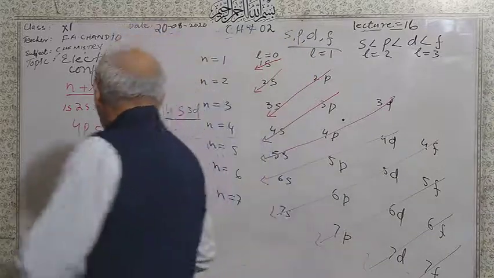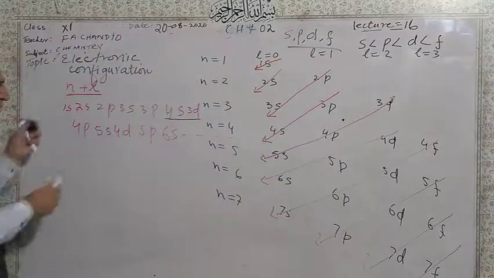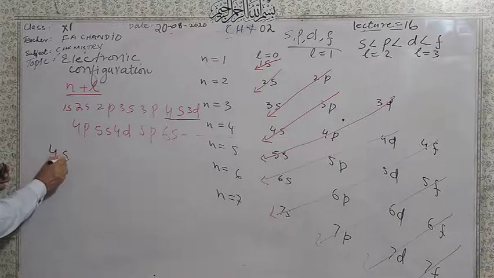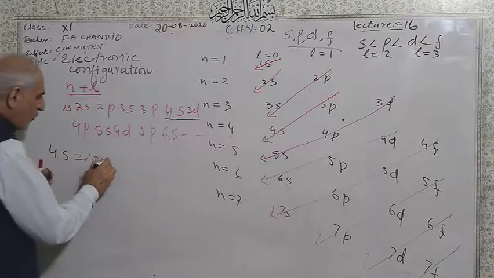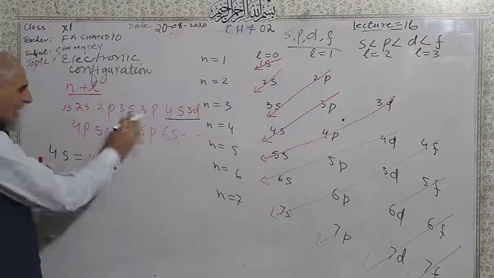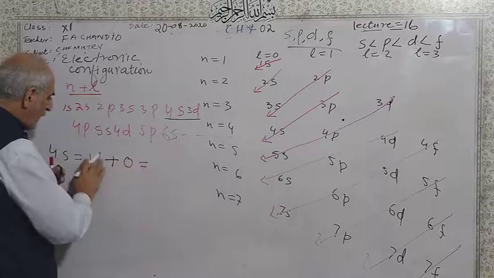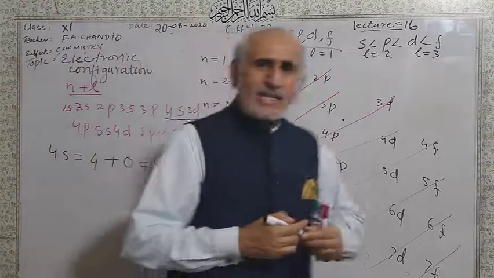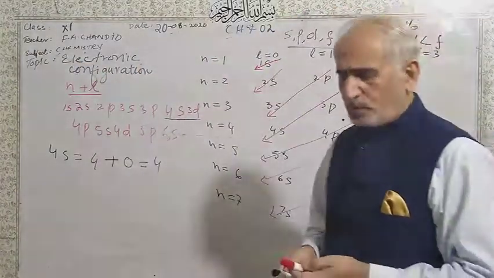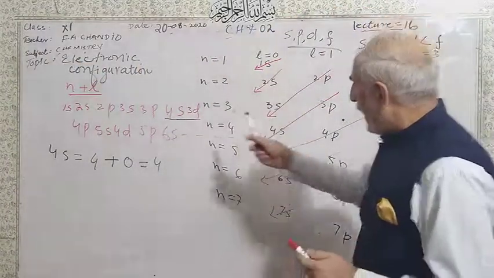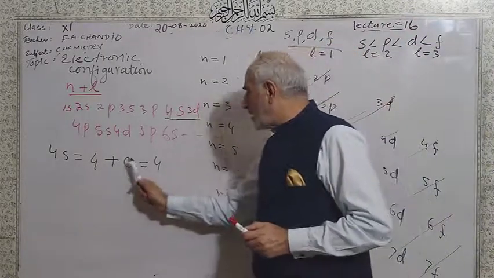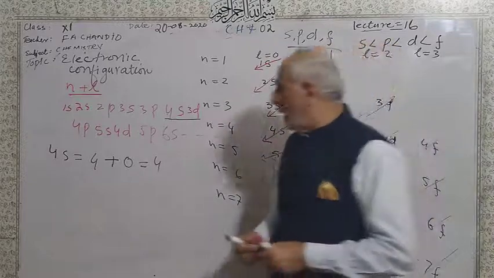So dear students, I am going to remove this ambiguity. So 4s. Apply this formula. n means 4 plus the value of l, s value is 0. So you have the answer 4. The energy of 4s is 4 because 4 plus 0 is equal to 4.